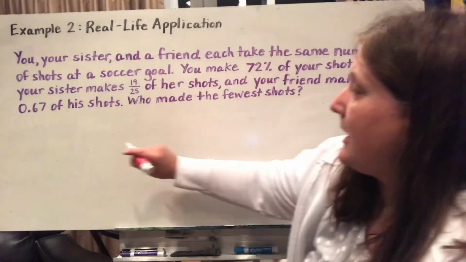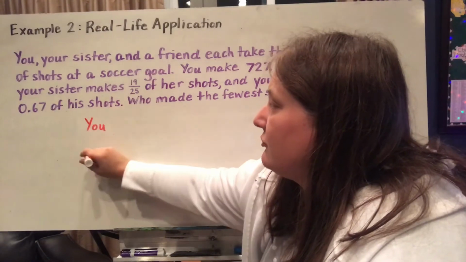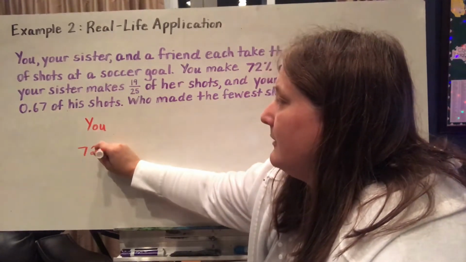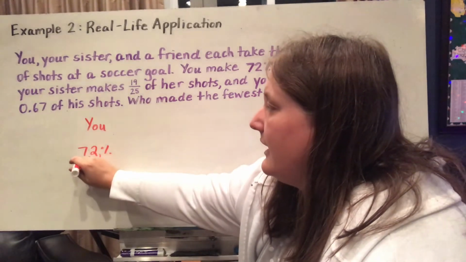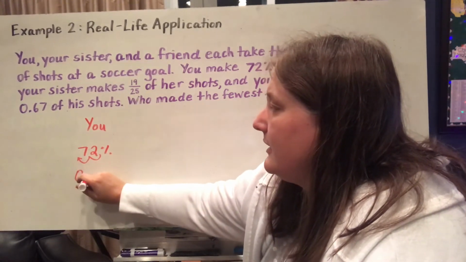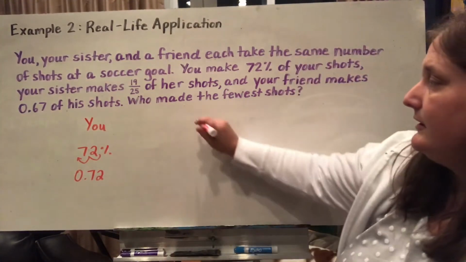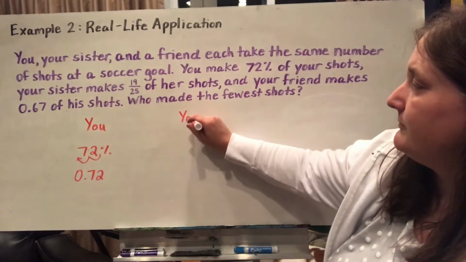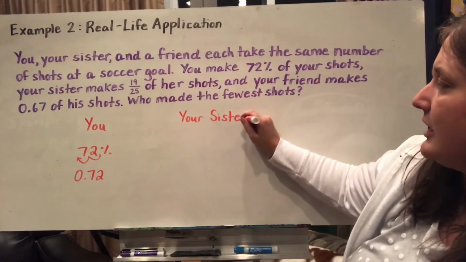So my percentage was 72%. So in order to change that into a decimal, I'm going to take the current decimal location and move it to the left 2 spots and get rid of my percentage sign, and it becomes 0.72. Now my sister, she made 19/25ths of her shots.